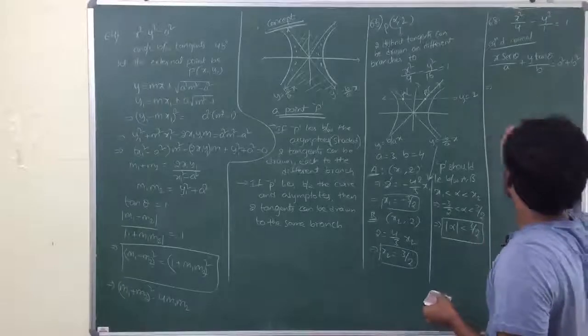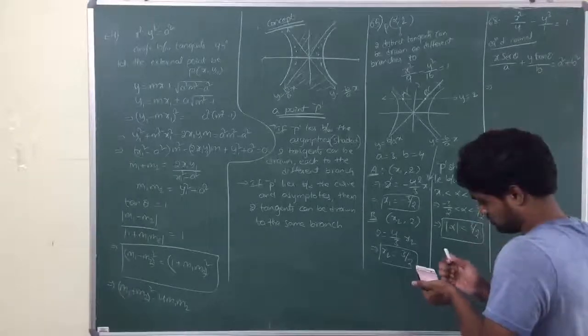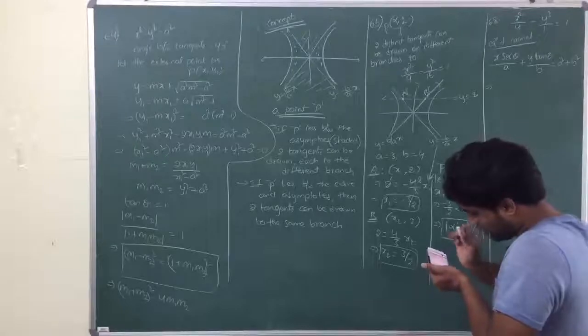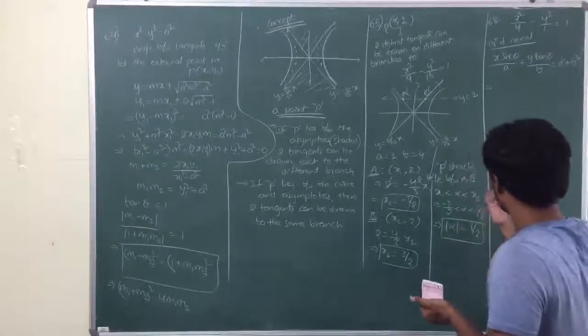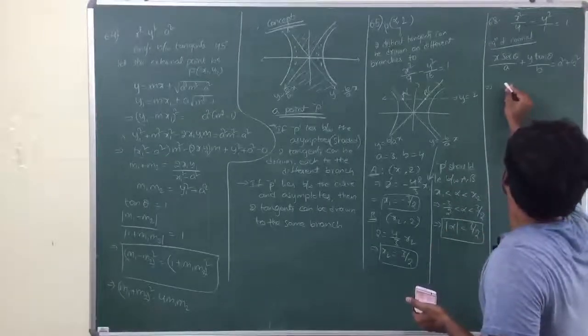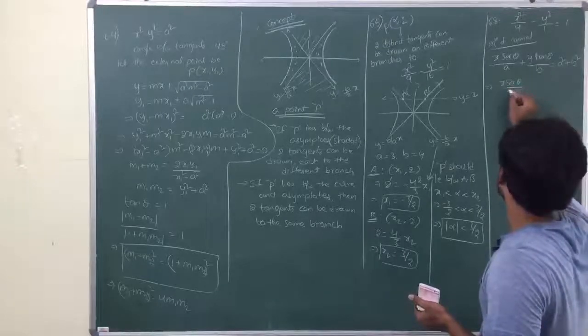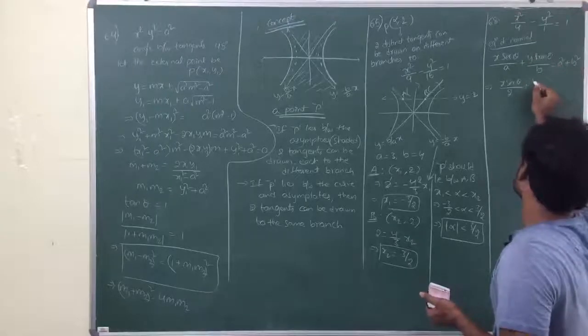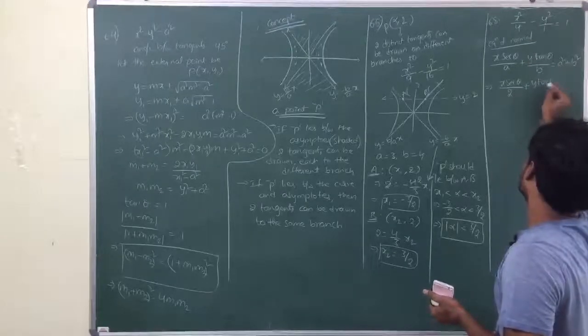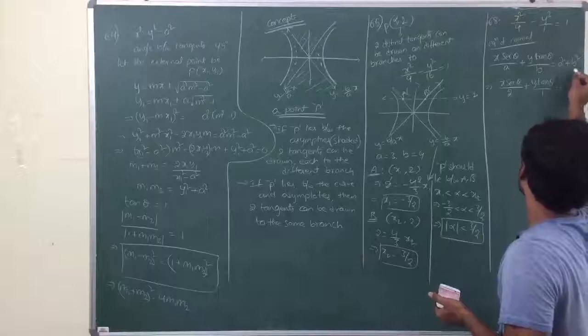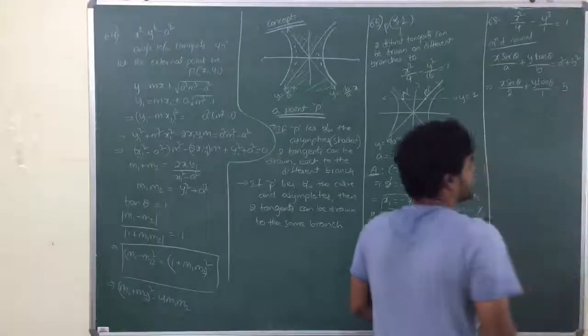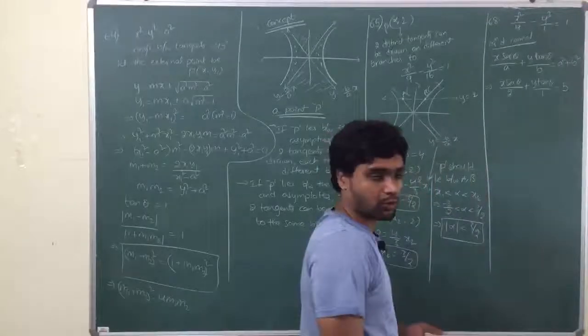Now, x secant theta by value of a is 2, y tan theta by value of b is 1. So 4 plus 1, 5. This is the equation of normal to the hyperbola.